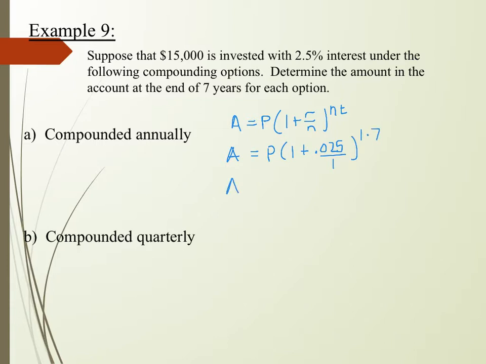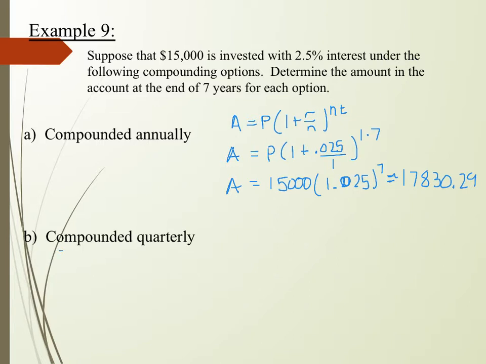So A is equal to 15,000 times 1.025 raised to the 7th power, and that ultimately equals the result. If you did this on your calculator, you would get this amount here, and it's an approximation.